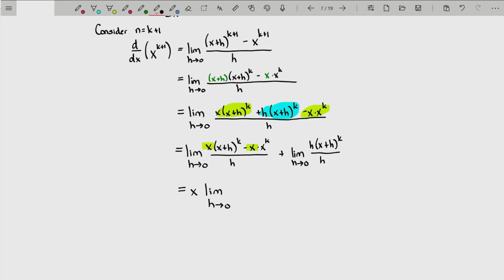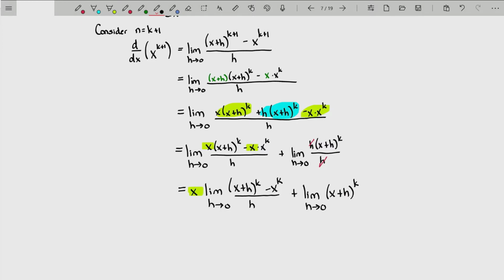You'd still be left with x plus h to the k minus x to the k all over h, but I'm able to factor out that x. Let me highlight it in yellow. That's what got pulled out. In the second limit, the h's cancel. So I have this plus the limit as h goes to 0 of x plus h to the k.